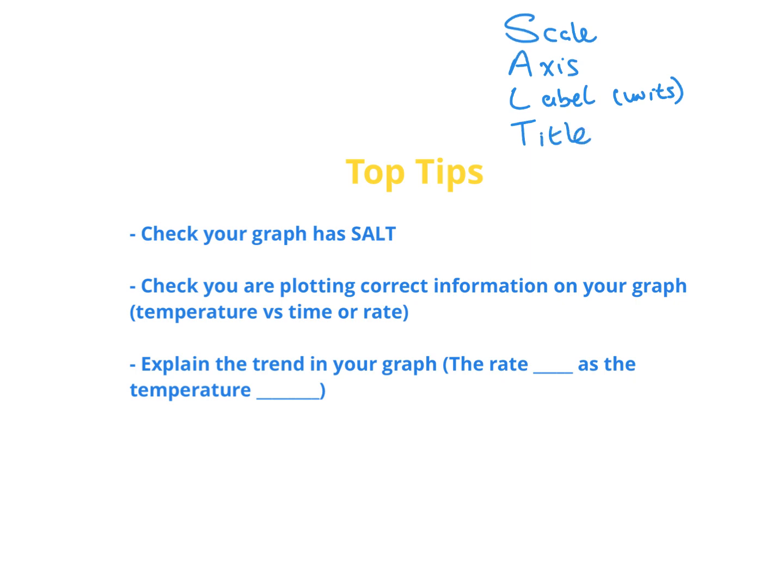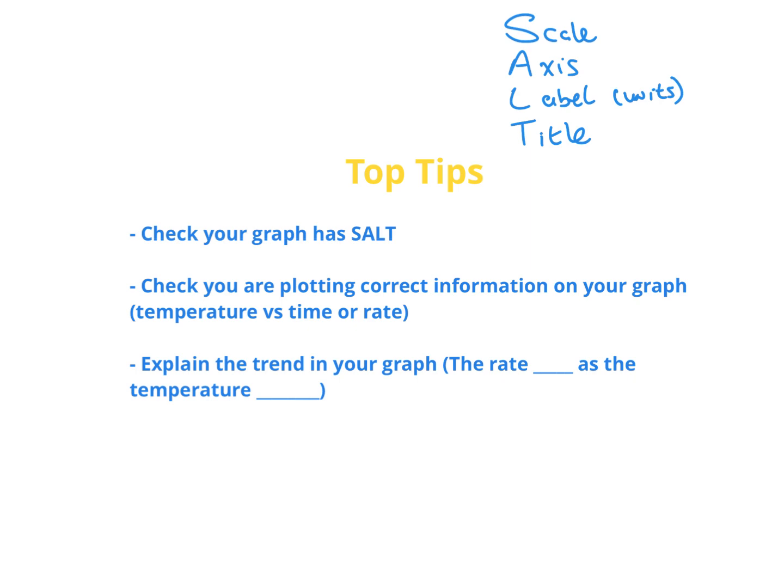So in order to get full marks for a graph, you need to make sure that you have SALT on it. Check when you're plotting your graph that you're plotting the correct information. So make sure that you're checking if you're plotting temperature versus time or rate, because that can vary.